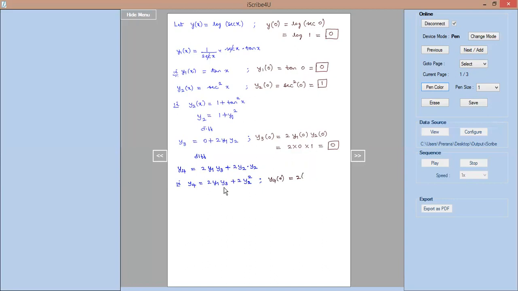So we have 2 into 0 plus 2 into y2 square. y2 of 0 is 1, so 1 square. So we have 2 as the answer for y4 of 0. Now at this stage, we have got 2 non-vanishing terms. So now we'll move ahead to the next differentiation to find out y5.